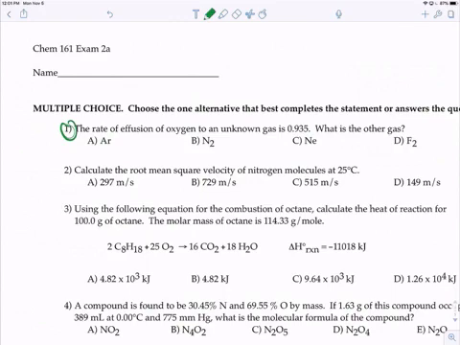Okay, so the rate of diffusion of oxygen to an unknown gas is 0.935. What's the other gas?